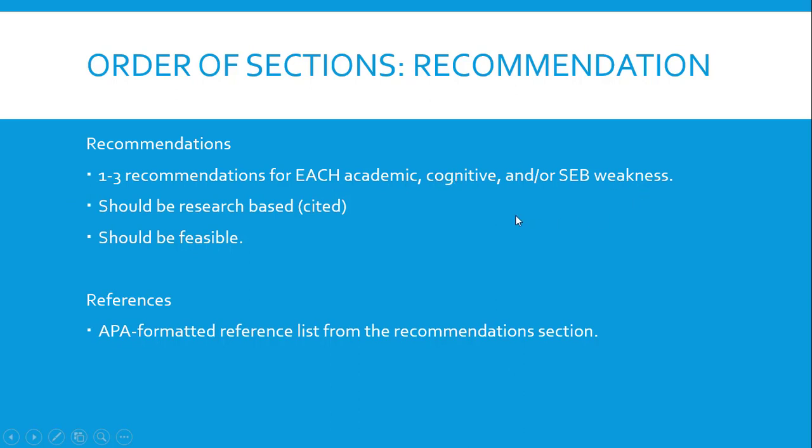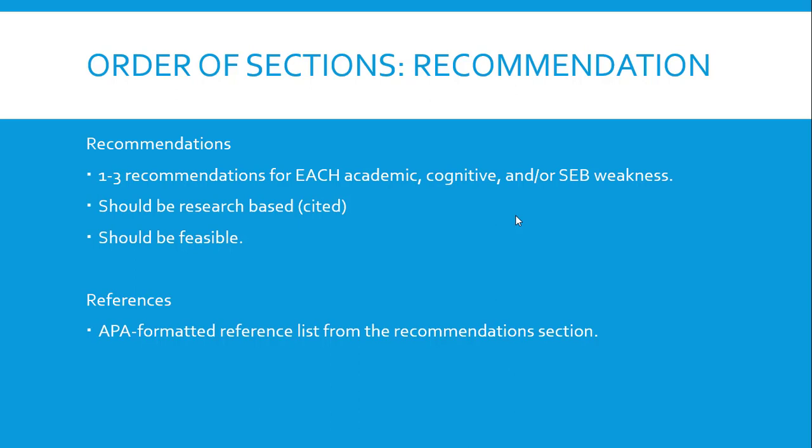So you should already have had your recommendations for the cognitive part from fall. So you just copy and paste that straight on in. You don't have to make any changes unless I gave you feedback saying that you needed changes on your final report. Each academic area, so that's academic normative weakness, ones that you did error analysis for. And then finally, the social emotional ones.